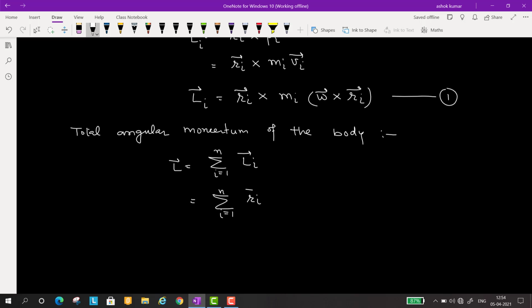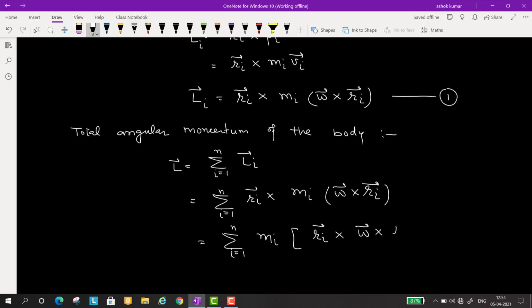So it is ri cross mi omega cross ri. So if we take mi forward, it is ri cross omega cross ri.